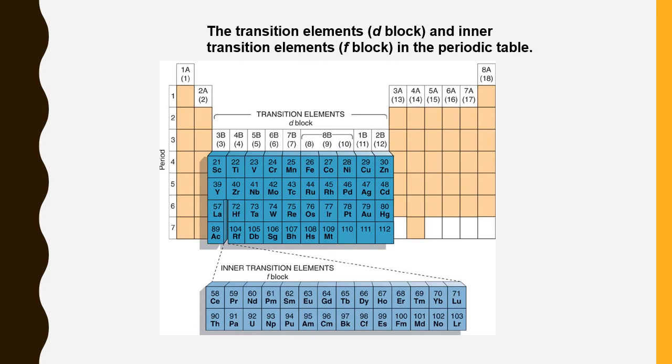Then the sixth period: lanthanum, atomic number 57, and if you look at the periodic table, 58 to 71 are missed. They are called inner transition elements. Then hafnium is given, atomic number 72 to atomic number 80, mercury, belongs to the sixth period.